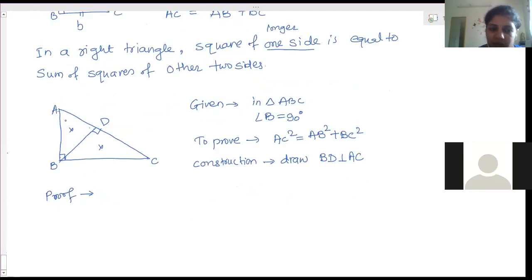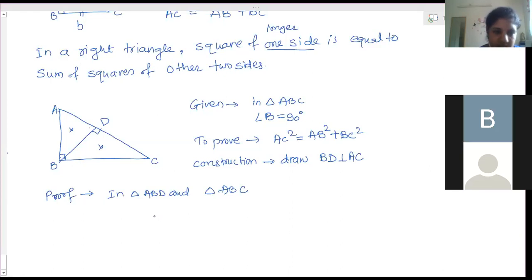So first, we have to prove the similarity of triangle ABD and triangle ABC. So how to prove this similar? This kind of question we have already done. Angle A is common. And angle ADB of the smaller triangle and angle ABC of the larger triangle are both equal because both of them are 90 degrees.